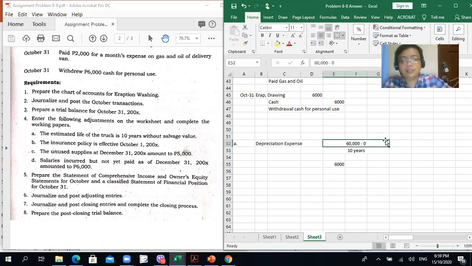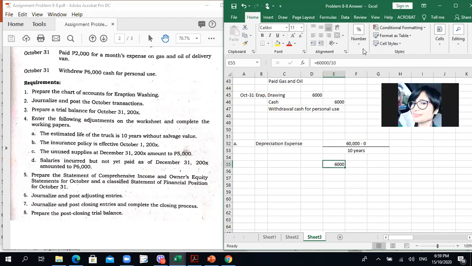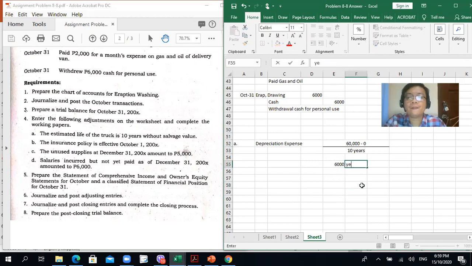My question is, is the 6,000 already our depreciation? Yes or no? No. Very good. Why no? The 6,000 is your yearly depreciation. When did you buy the delivery van?